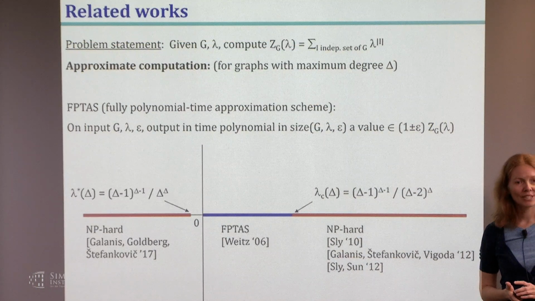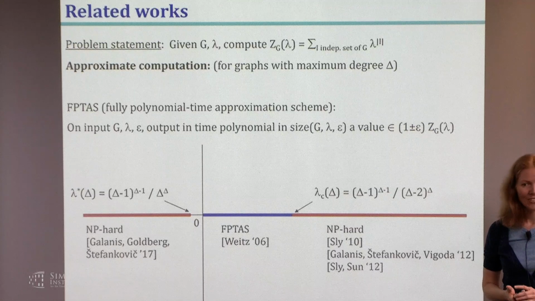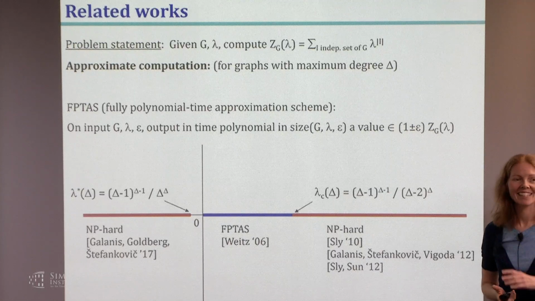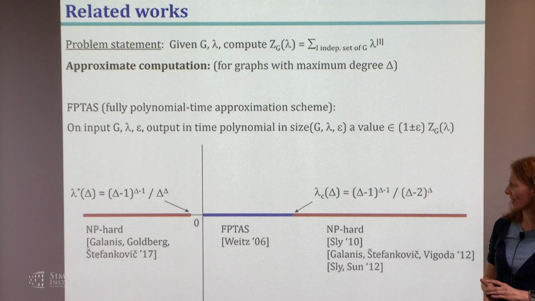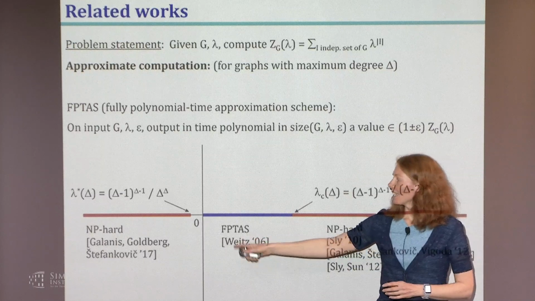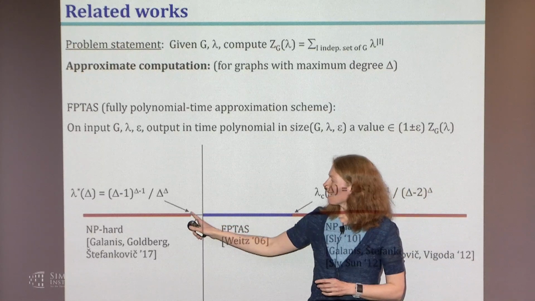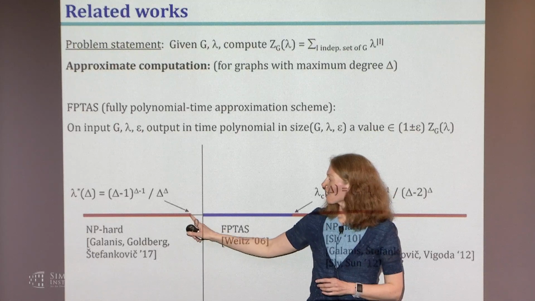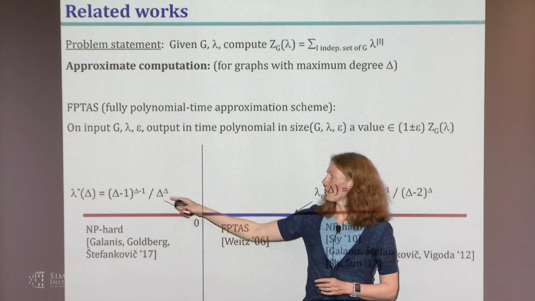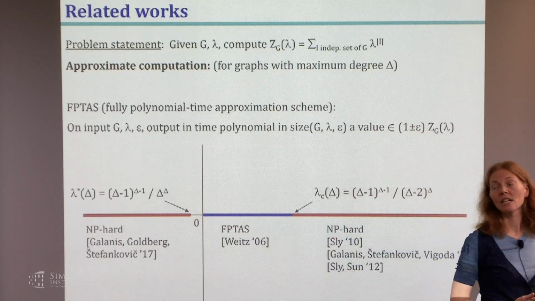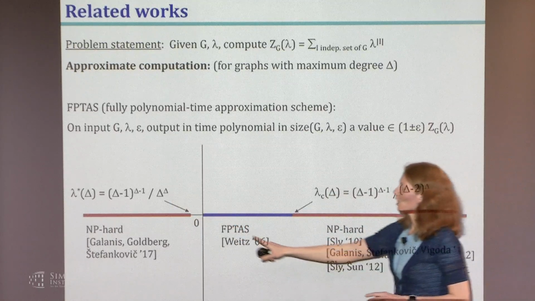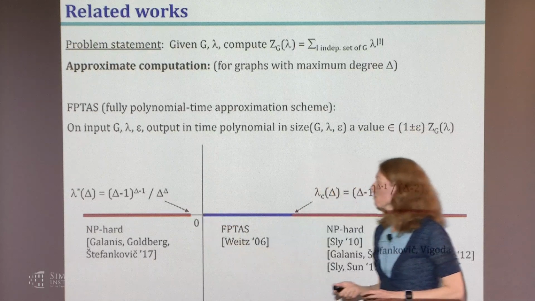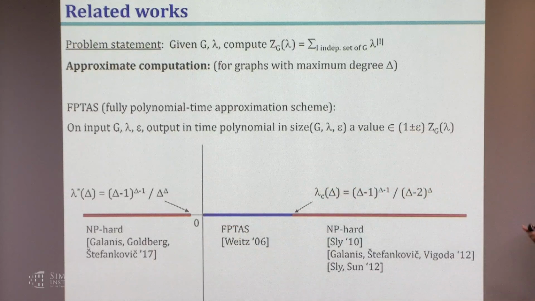So this is joint work with Andreas Galanis of Oxford, Leslie Goldberg, who is sitting right here, also of Oxford, and Daniel Stefankovic. And the three of them did prove NP-hardness of approximation up to this Shearer threshold quantity, which depends again on the maximum degree in my graph. It's really minus this quantity. And this is a very, very nice result.